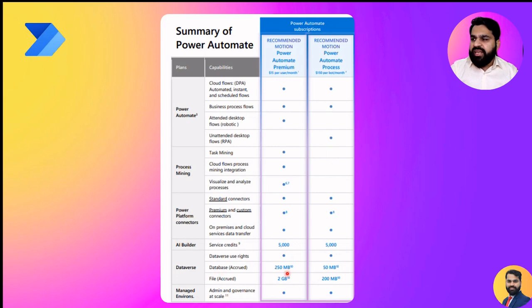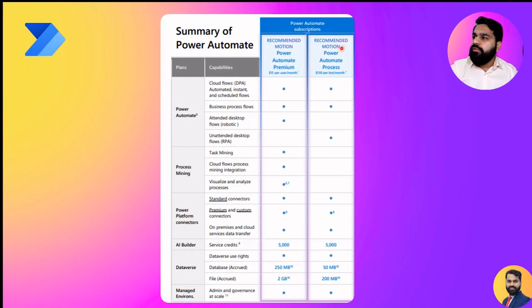The database capacity which will be acquired to the tenant per license will be 250 MB. Okay. The file capacity which will be acquired to the tenant per license will be 2 GB. From the managed environment perspective, they will be able to have the administration and governance access. So these users will be able to have that.